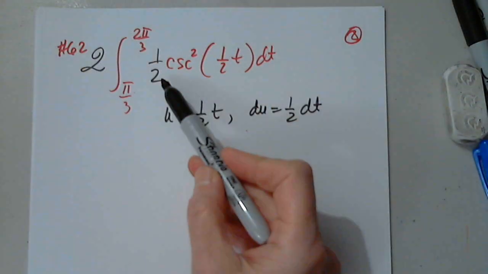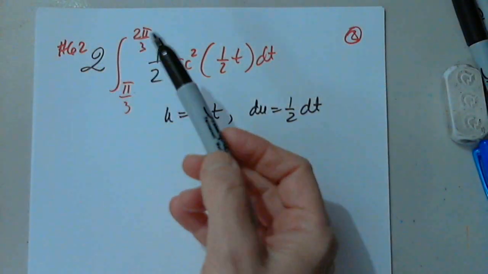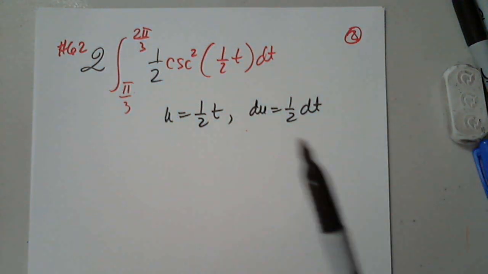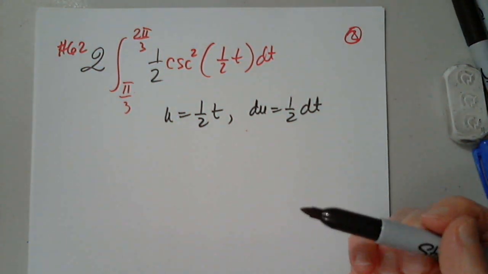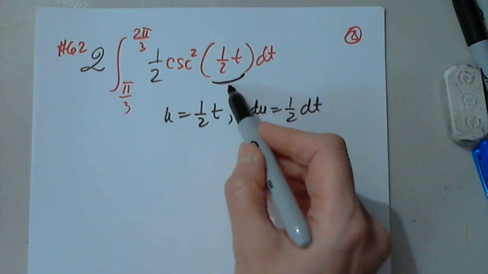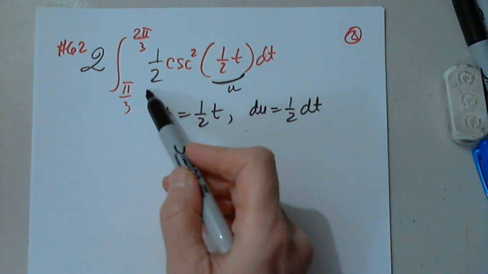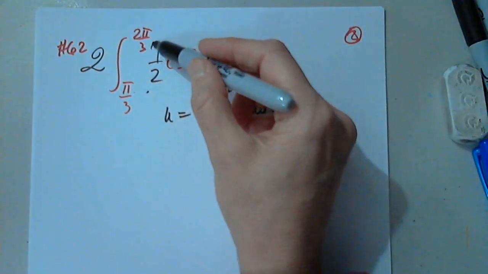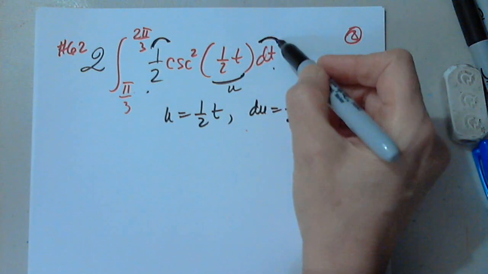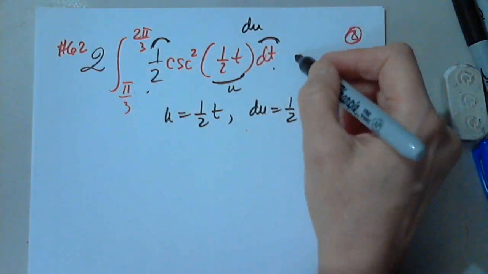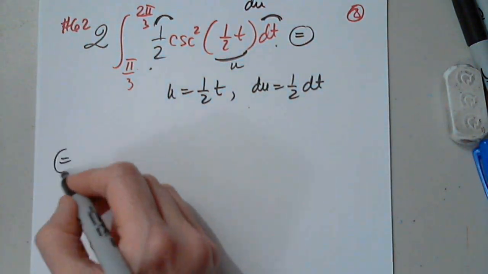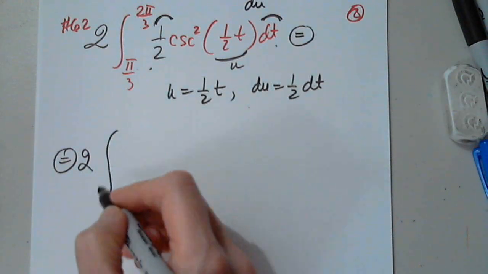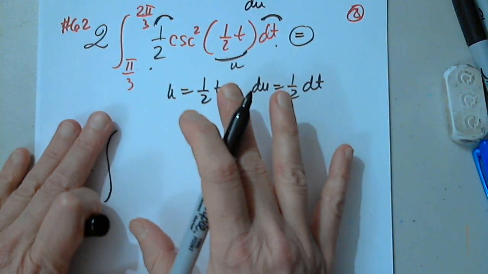What I need, I put inside. What I don't, I put outside. 2 times 1/2 is 1. I did not change the problem. So now this becomes u. The 1/2 with dt becomes du. So to outside, do not copy the limits of integration.